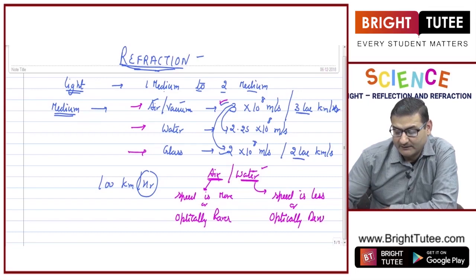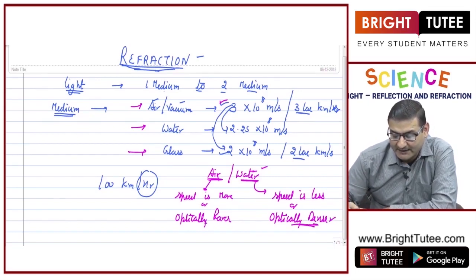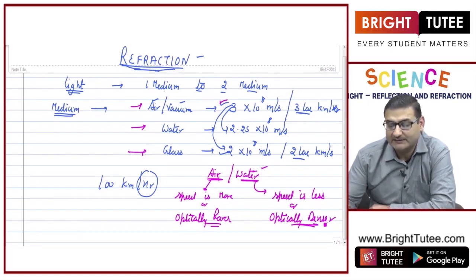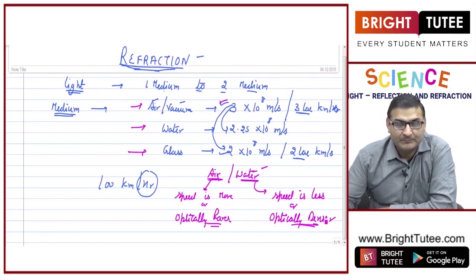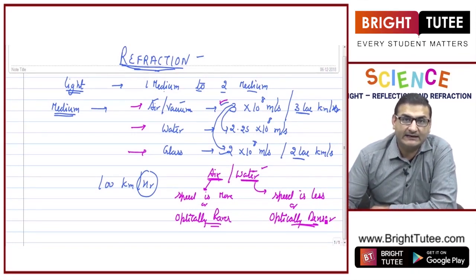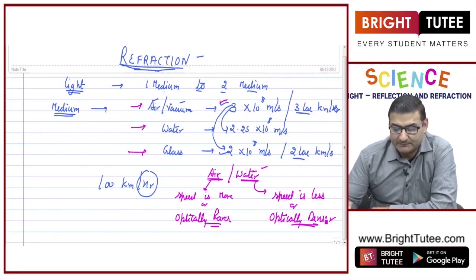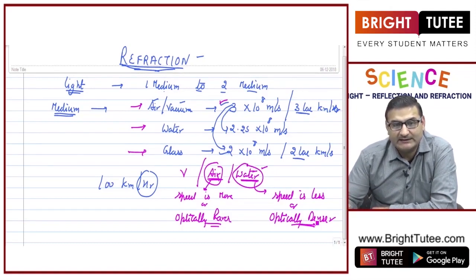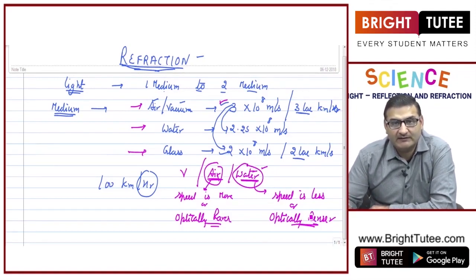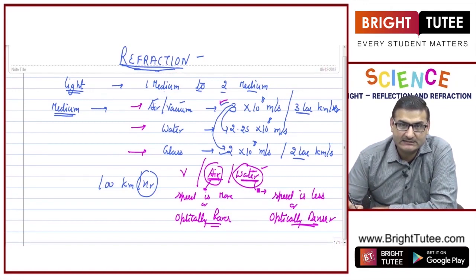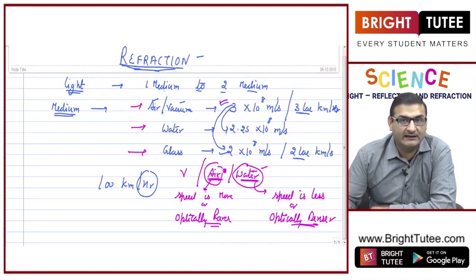Now, one thing we need to remember is that we cannot say that water is always optically denser. Only when two media are compared can we say which is optically rarer and which is optically denser. For example, as compared to air or vacuum, water is optically denser because the speed of light in water is lesser than the speed of light in air.